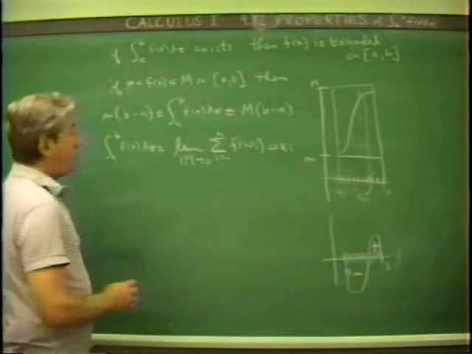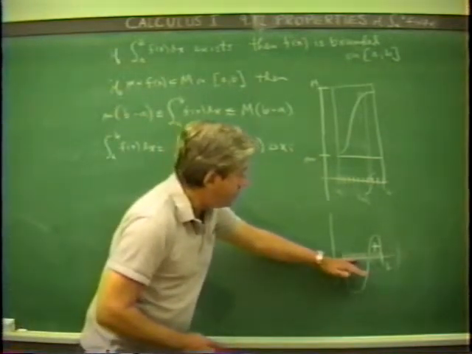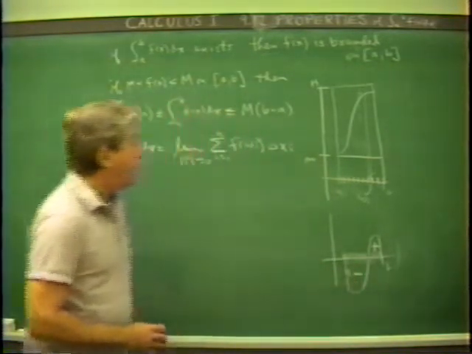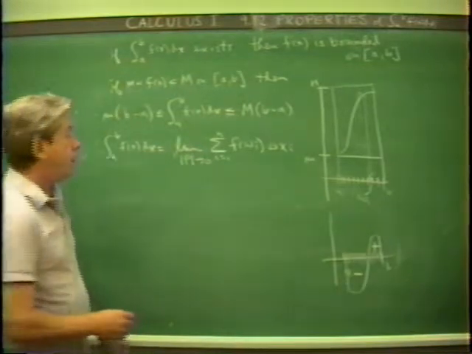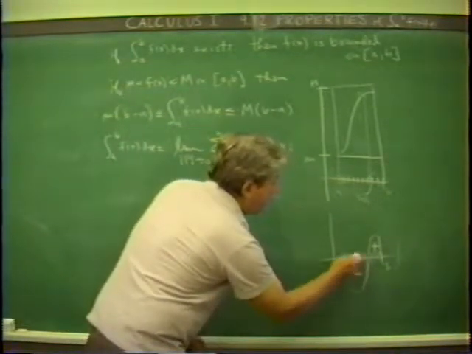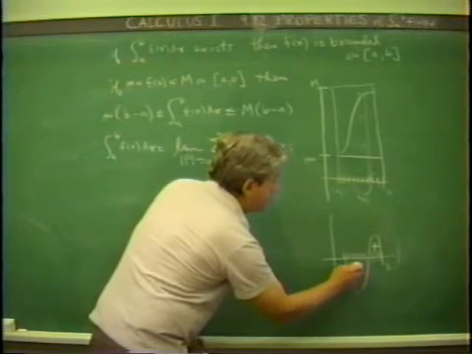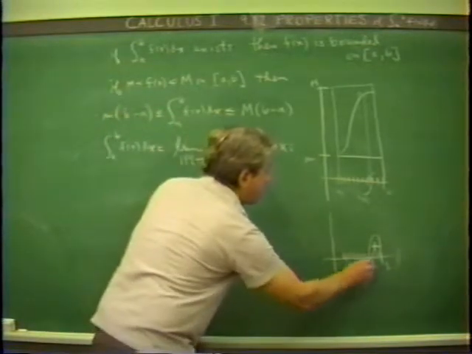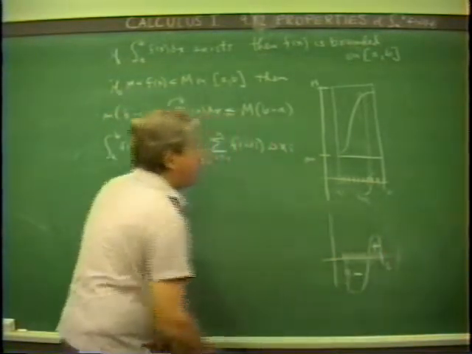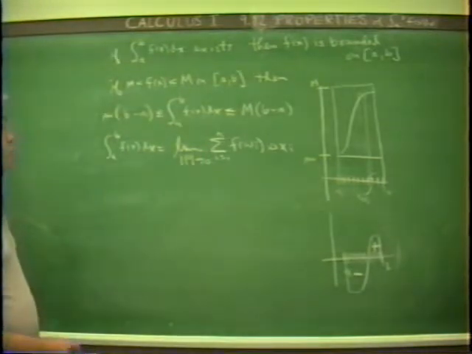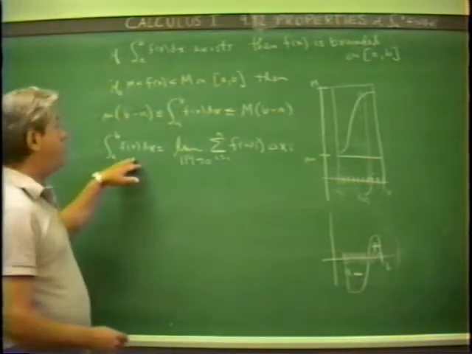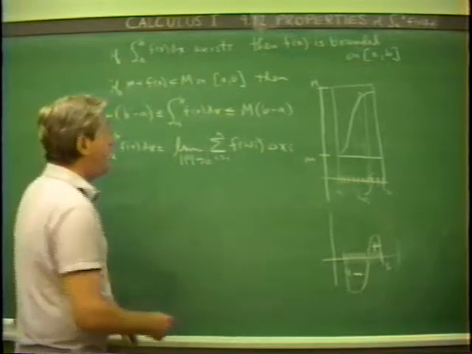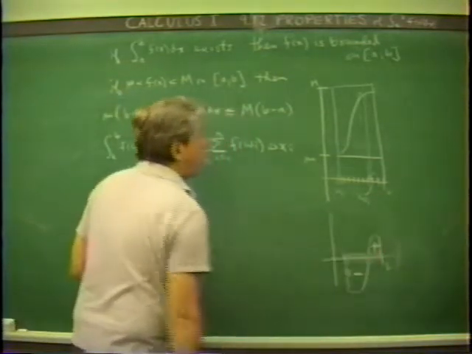It's going to represent the area of the part that's above the x-axis minus the area of the part that's between the x-axis and below the function. That's to say, the negative part of the function is going to be counted as negative, and the positive is positive. This is worthwhile in a sense.